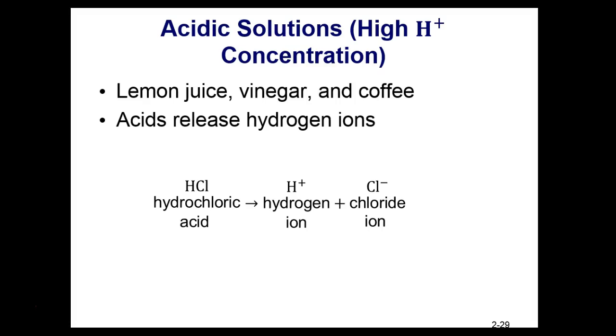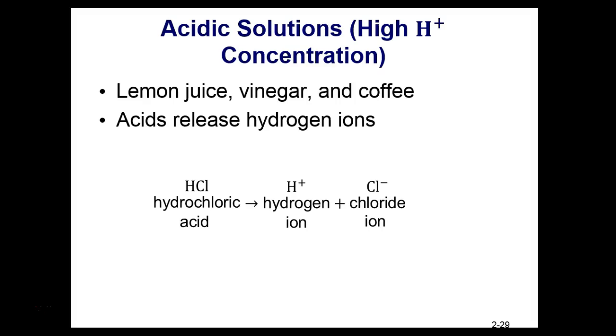If you look on page 34, figure 2.13, you can see the pH scale, and it goes from 0 to maybe 6.5, which is considered acidic. Seven is considered neutral. Anything less than 7 is considered acidic and has a high concentration of hydrogen ions.